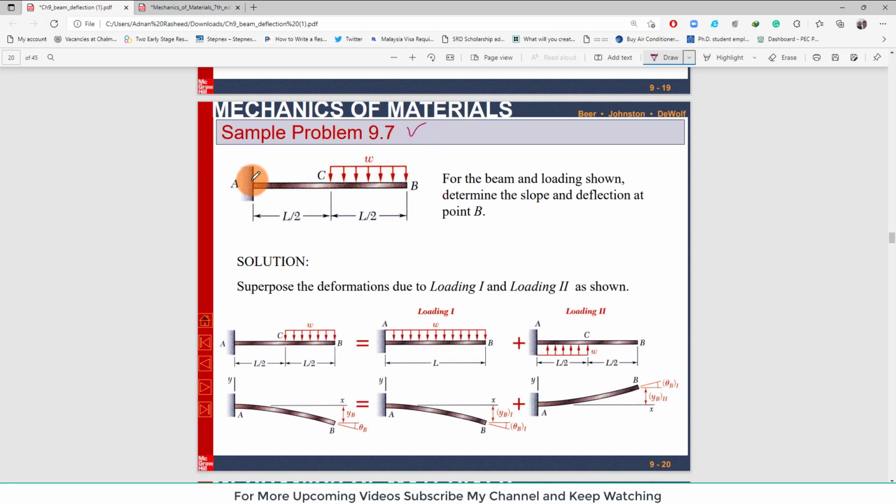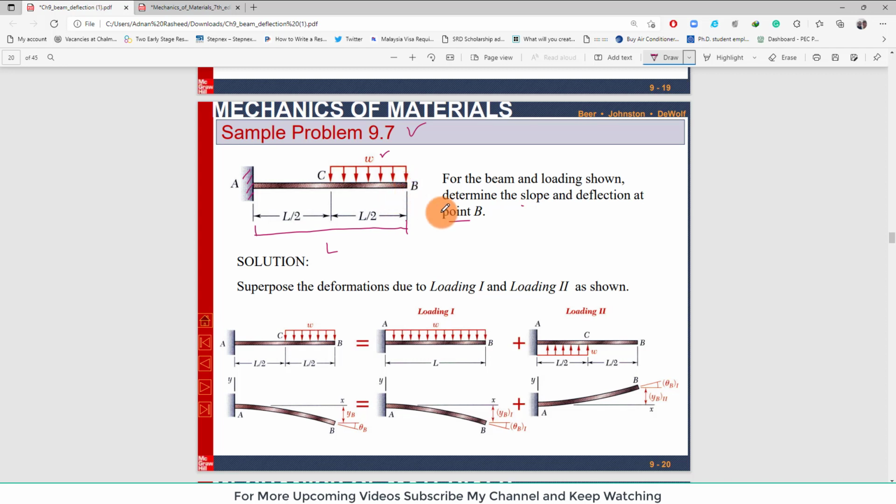There is a cantilever beam that is fixed at support A. From point C to B there is a uniformly distributed load. The total length of the beam is L. Clear? And the uniformly distributed load is acting only on the half length of the cantilever beam. So for the beam and loading shown, determine the slope and deflection at point B.